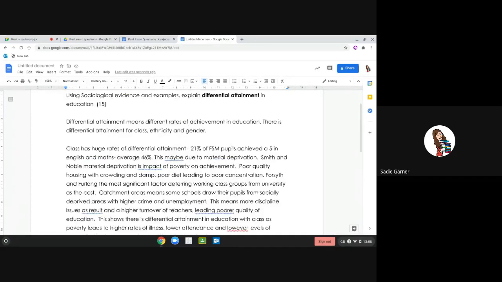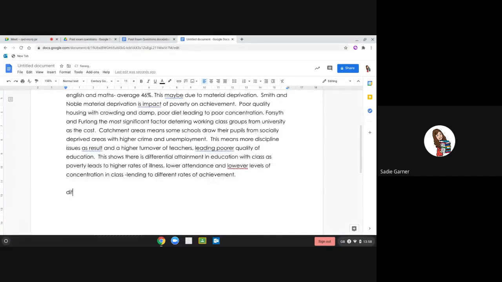So from a paragraph 2, I say there's differential attainment for different ethnic groups. Particularly our Afro-Caribbean groups have huge gaps.